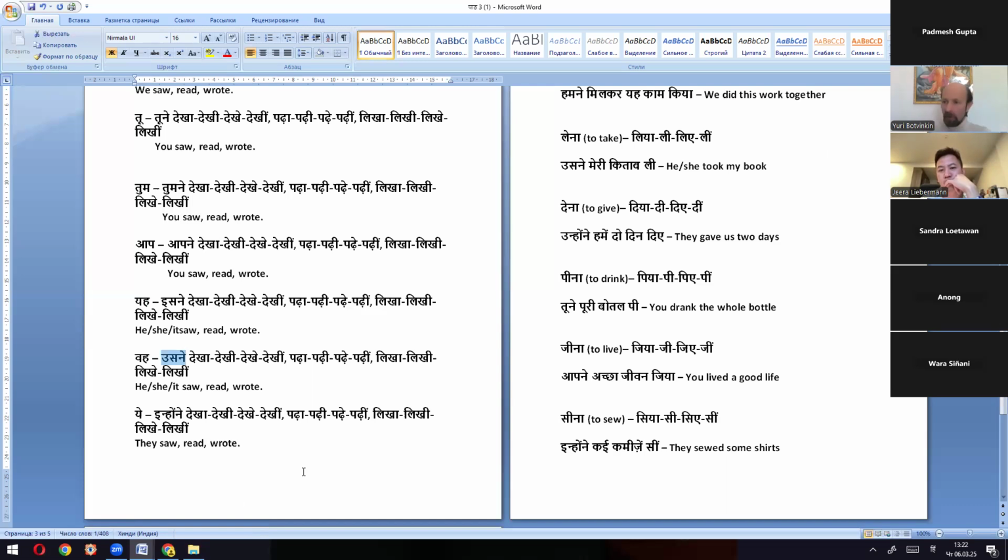But in the case of this postposition ne, ye or ve get different, more complicated forms.